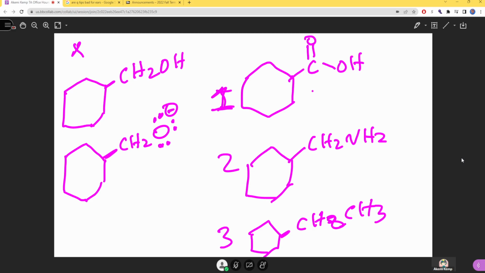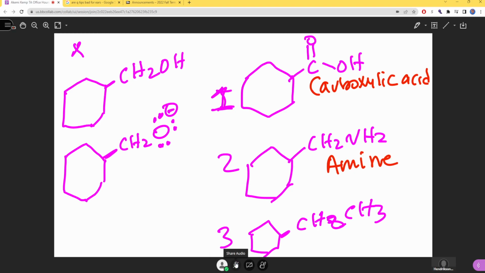So 1 is what? What is this group on this hexane? Carboxylic acid. Right. What about 2? What's the functional group there? Amine. Right. And then 3 is just an R group, right? It's an alkyl group.